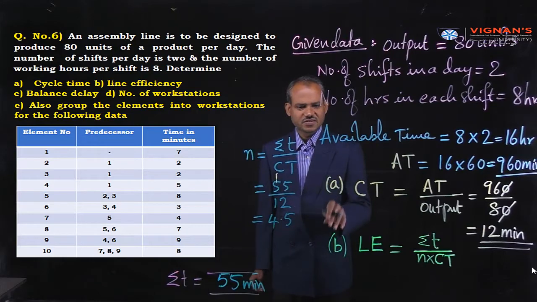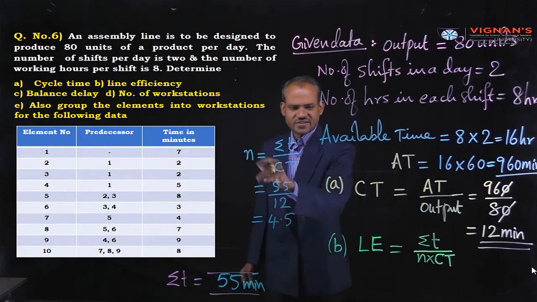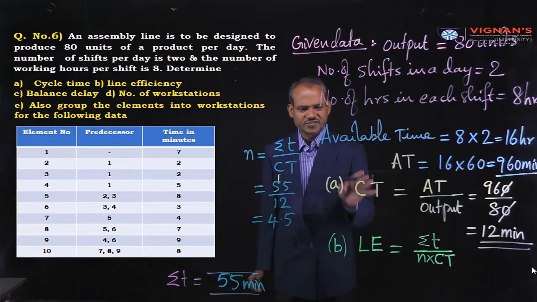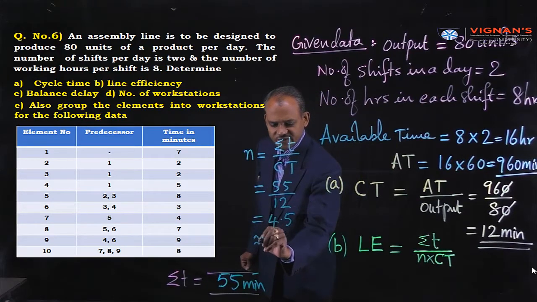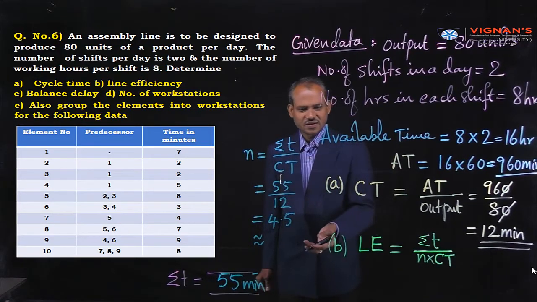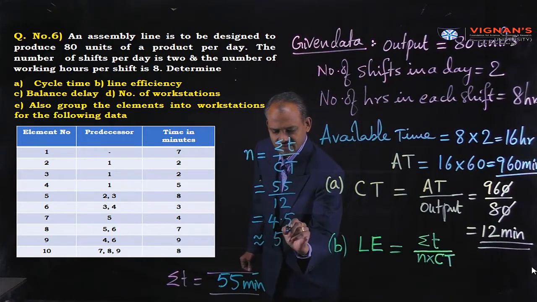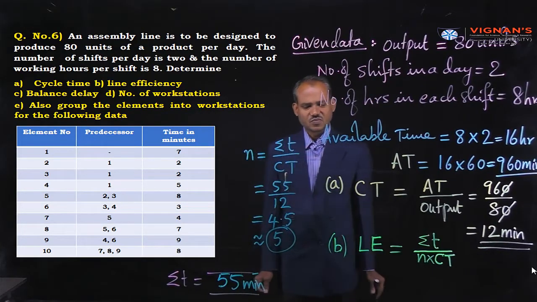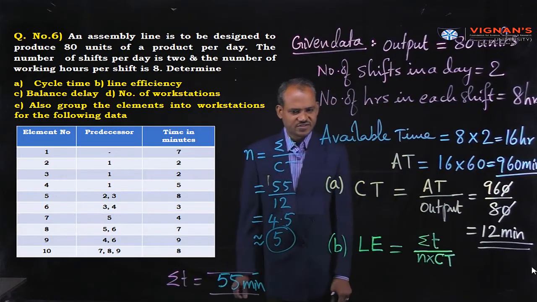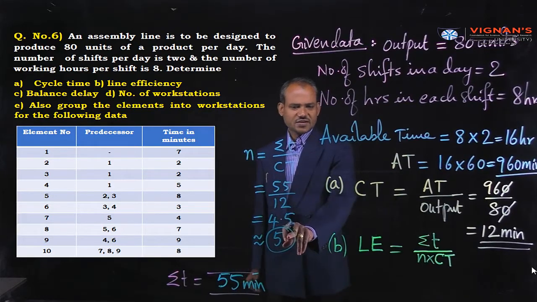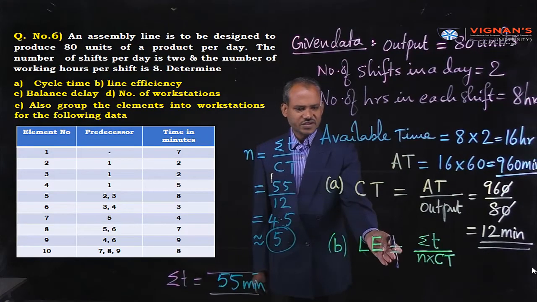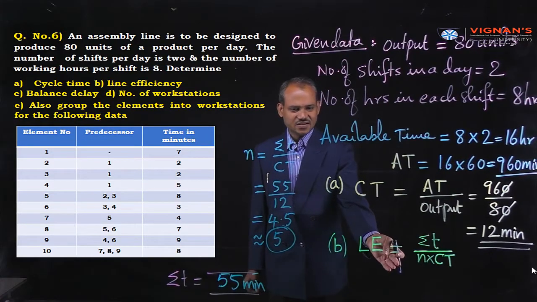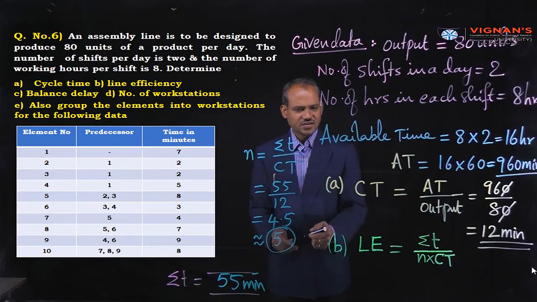4.5 workstations is not possible, so take the next highest number, 5. 5 workstations. This is the answer. After knowing this N value, now we can easily calculate LE, that means line efficiency.